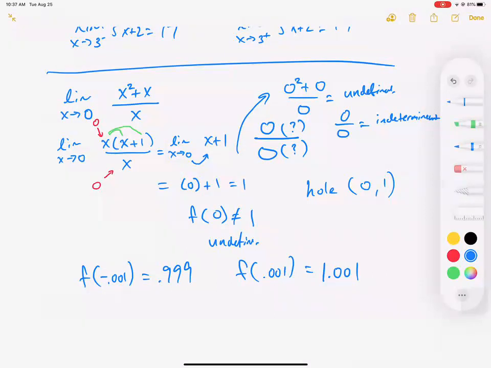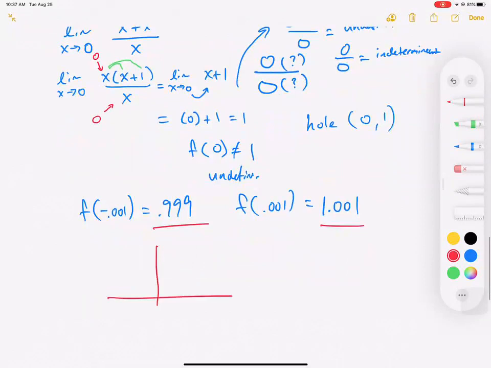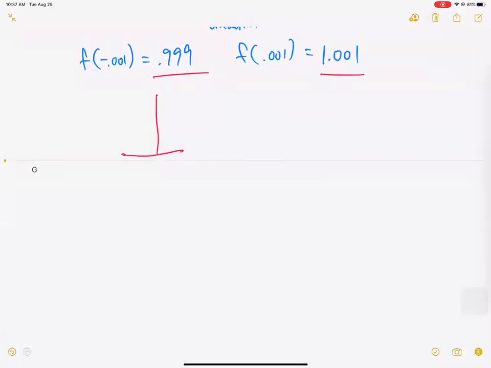So I manually plugged in values that were close to 0. Now look at the results. What does 0.999 and 1.001 look like? Don't they pretty much look like 1? So our idea here is that whatever the graph may look like, at 0, we have one side at 0.999, on the other side we have it at 1.001, and at 0 we have a big fat hole.